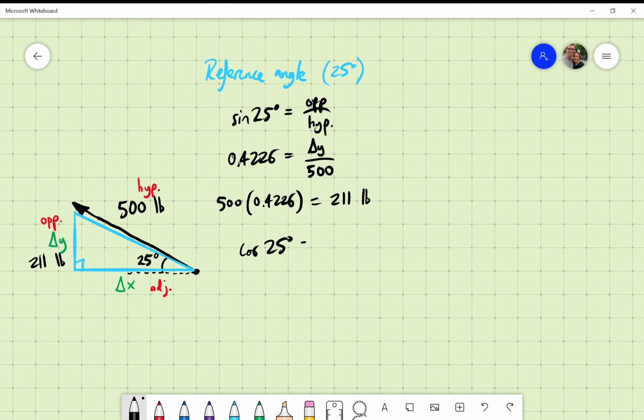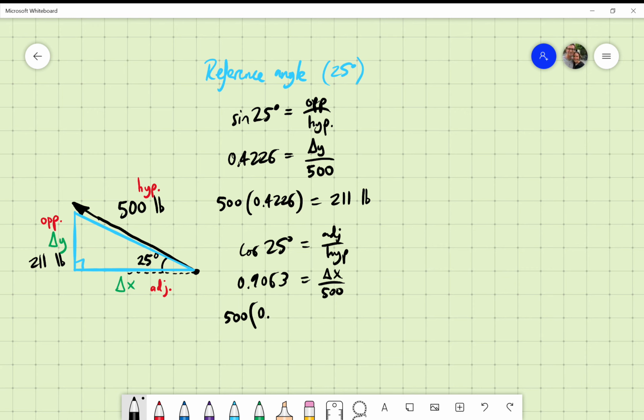Cosine of 25 equals adjacent over hypotenuse. Cosine of 25 is 0.9063, equals delta x over 500.